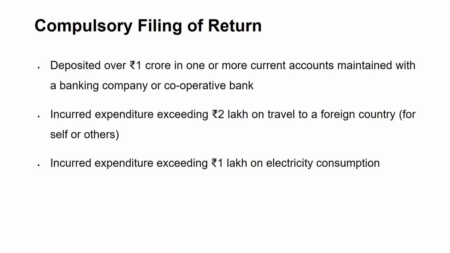And an SSE who does not come into these two categories need not file any return to the income tax authority. Whereas there are some cases where compulsory filing of return is given.